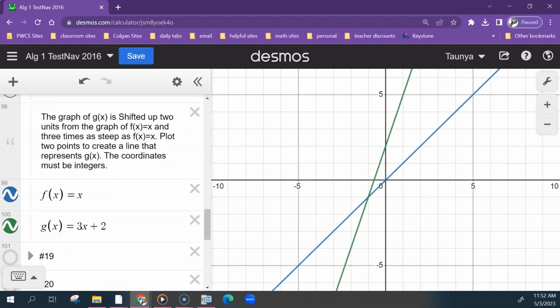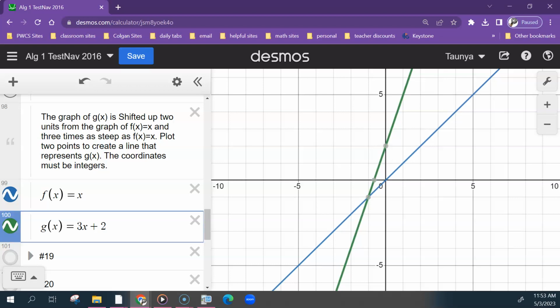You can use Desmos, but not at the same time. You have to know what the words mean, and really your plotting point, so it would just help you to see it on Desmos. Shifted up 2 means your y-intercept is going to go up 2, so now you have a point at 2, you could use that point. The slope is now 3 times as steep, so from that point you could use your slope or know that it's now 3.